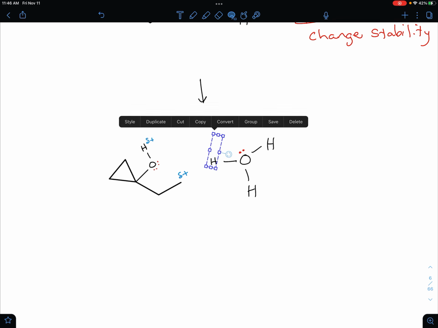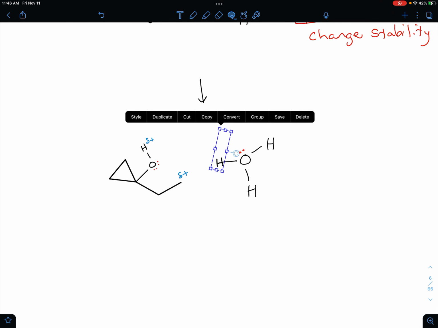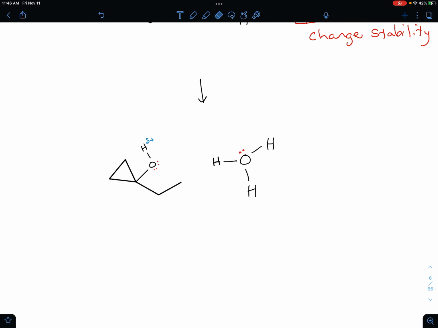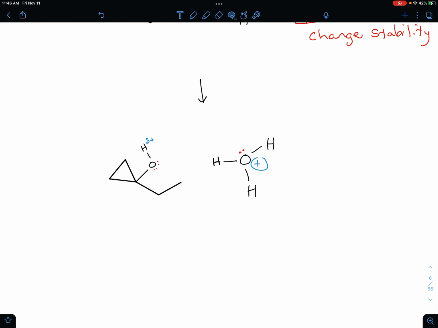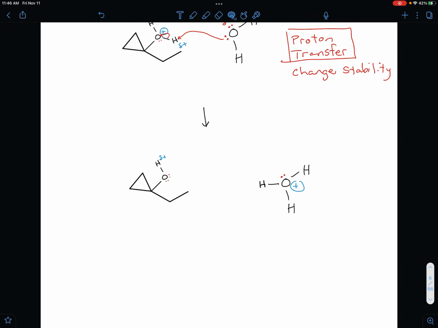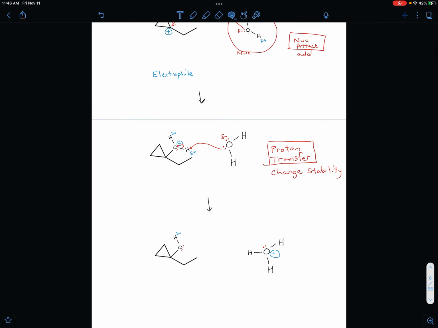That oxygen now has 3 bonds, and therefore a full positive charge. And those are your 2 products.